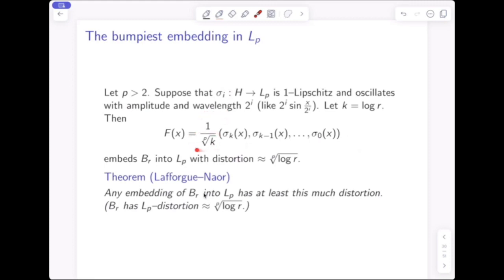But because you're in Lp and not in L2, you rescale by the pth root of log r rather than root log r. And you can check that this embeds B_r into Lp with distortion like the pth root of log r. And there's a theorem of Lafforgue–Naor that any embedding of B_r into Lp has at least this much distortion. Again, more or less because of the Pythagorean theorem, because this is the right version of the Pythagorean theorem for Lp.